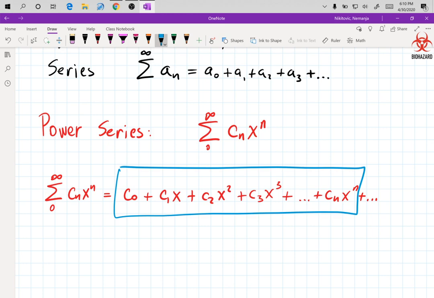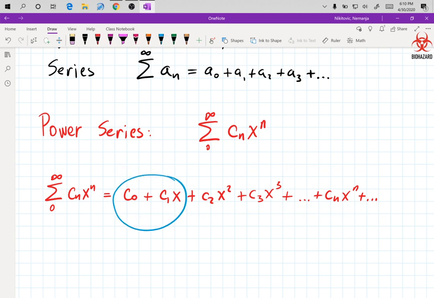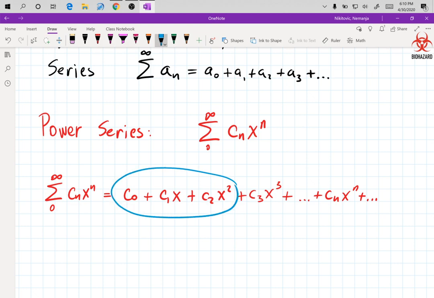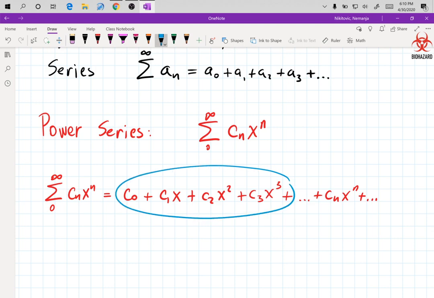The thing that you see boxed in, before the plus ..., is a definition for a polynomial. You have your constant polynomial, your linear polynomial y equals mx plus b, your quadratic polynomial ax squared plus bx plus c, your cubic polynomial.